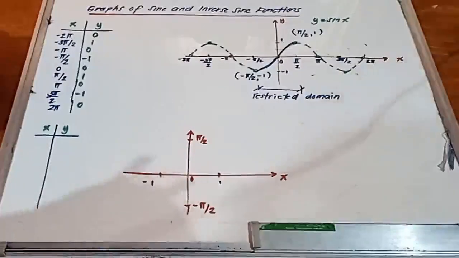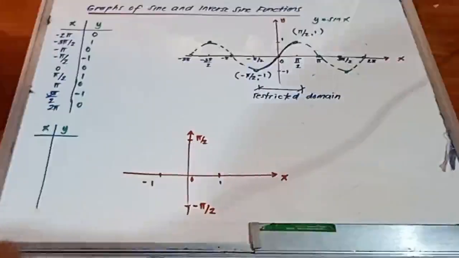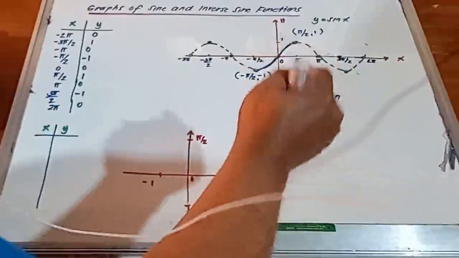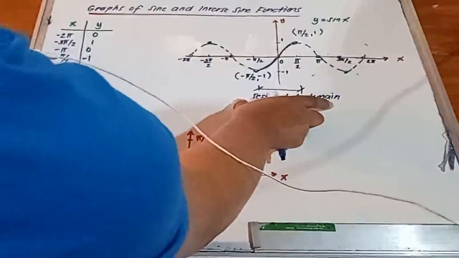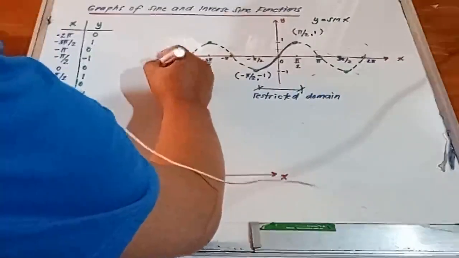Okay? So, ang domain talaga ng sine function is from negative infinity to positive infinity, at ang kanyang range ay from -1 to 1. So, ang restricted domain natin is from negative pi over 2 to pi over 2.